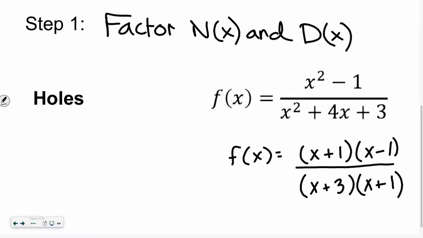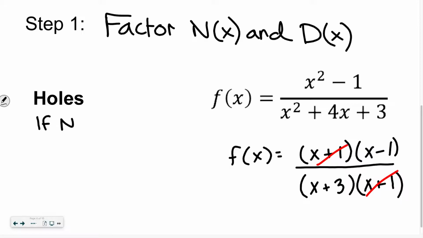Now, what's something that you might notice right here? The x plus 1 is in the numerator and in the denominator, so we get to cross this off. And what that means, when you cross off a factor because you have one in the top and one in the bottom, is that you have a hole in your graph. So let's write off to the side, what does it mean to have a hole?